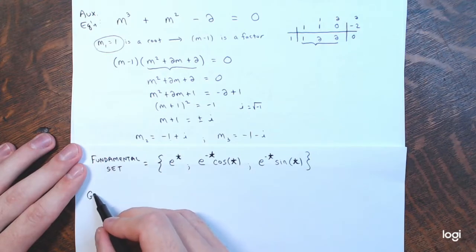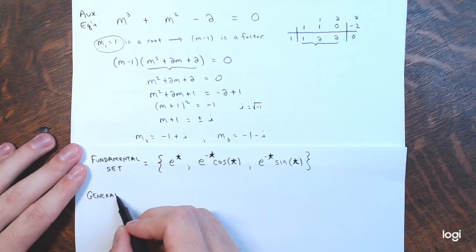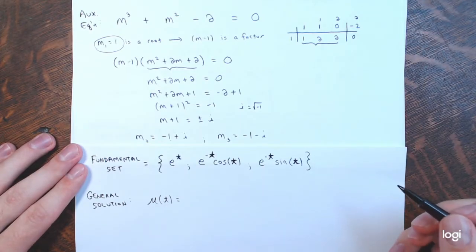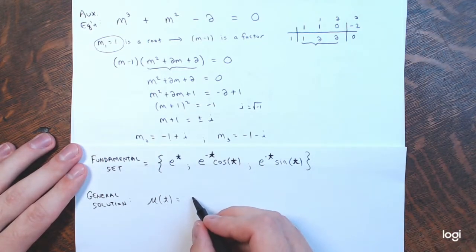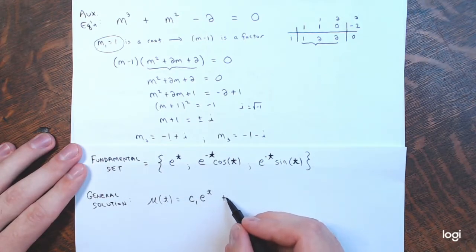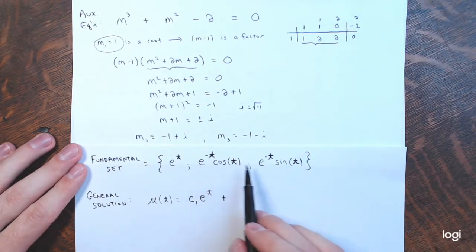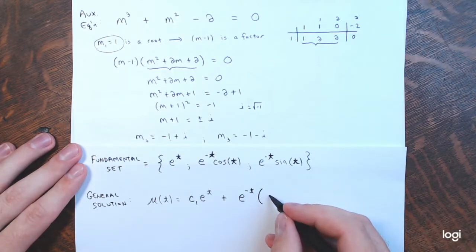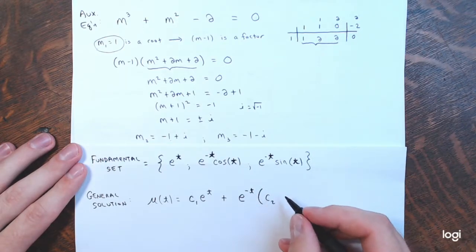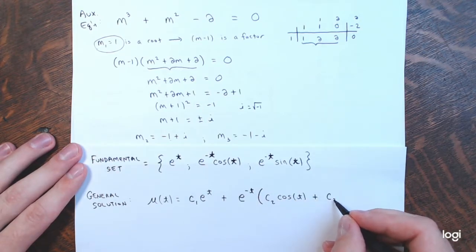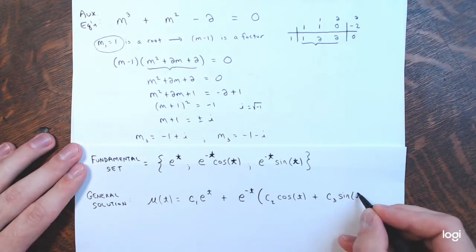And then from this I state my general solution. The general solution to this equation is u of t, remember the independent variable was t, equals some constant c1 times e to the t, plus, and these last two terms have e to the -t in common, so very often you'll see that factored out, times the quantity, some other constant c2 times the cosine of t plus some other constant c3 times the sine of t.